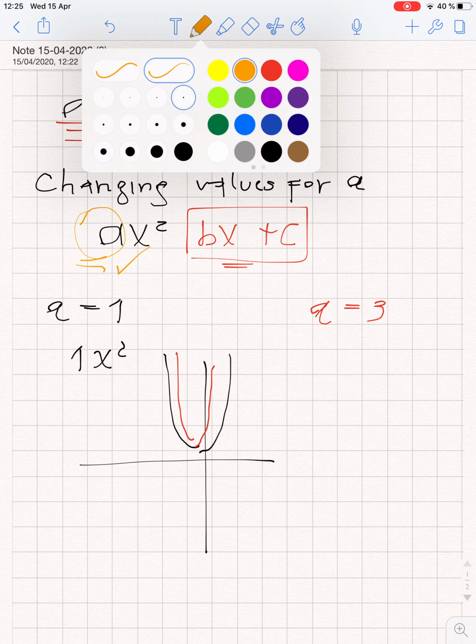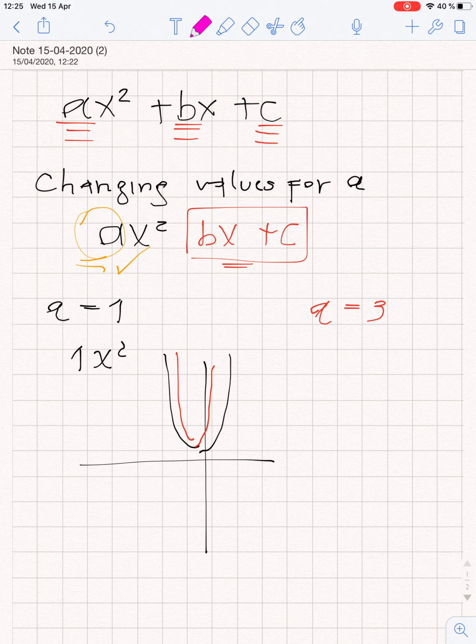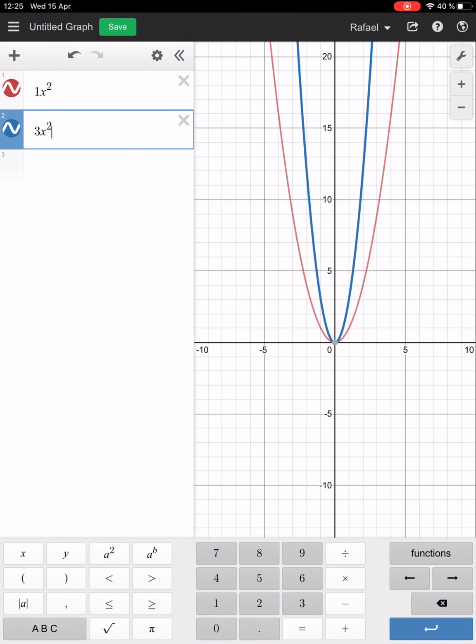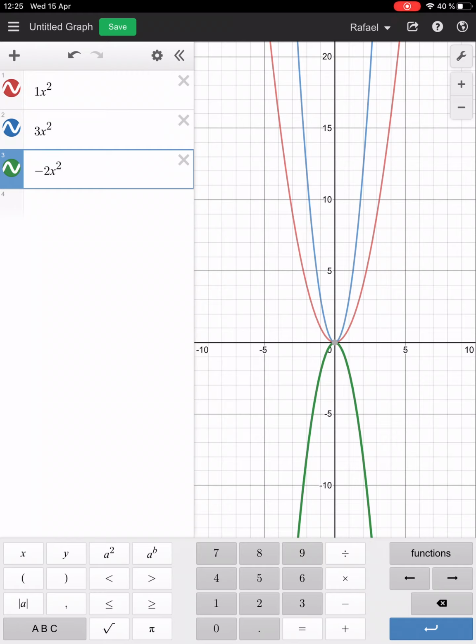But what happens when the value of a is equal to a negative number, for example, -2? That means, for example, in Desmos, we're going to write minus 2x squared.